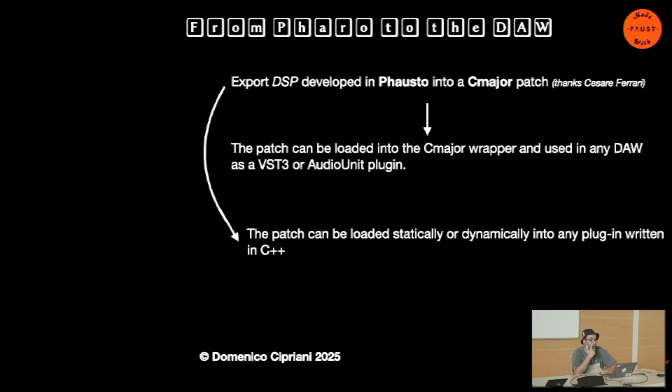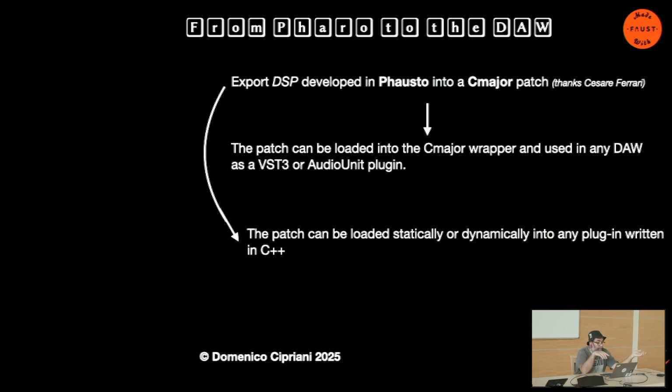Also, we can now export DSP developed in Faust into a Cmajor patch. Cmajor is a procedural audio language that was created also with the purpose of making DSP programming simpler and easier, but still not so easy. And I must thank Cesar Ferrari of the Cmajor team, because he told me about a wrapper, and basically in Faust you cannot export a polyphonic DSP.